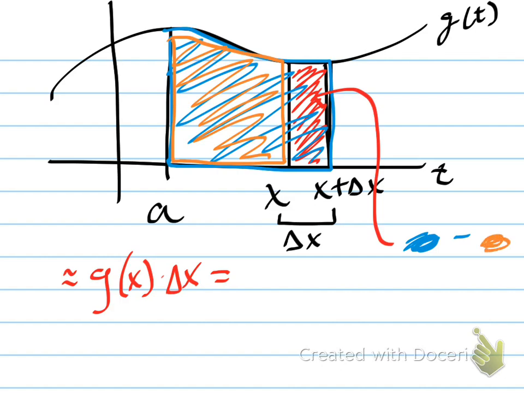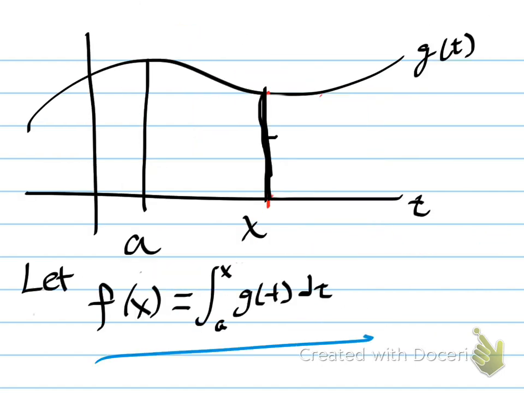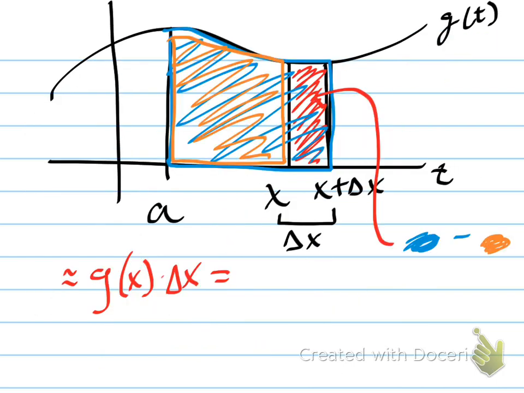Now let's formalize it a bit. The amount of blue that we see here is going to be an output of our secondary function that we created, f, right? Let me go back a few slides. Remember, f is defined to be the area from a up to whatever number you want underneath g of t.